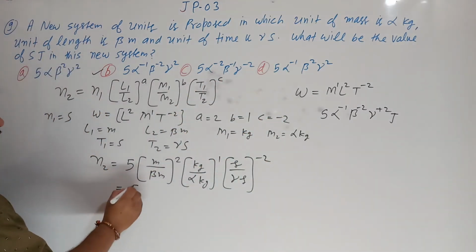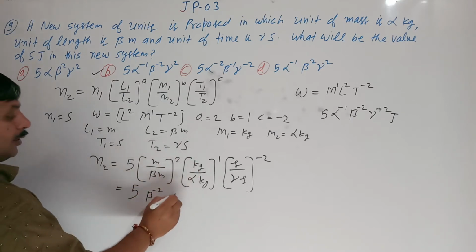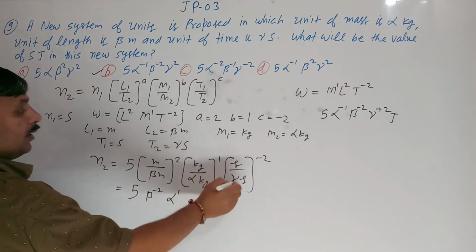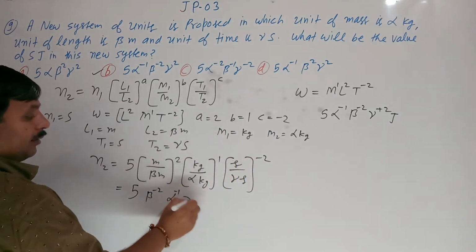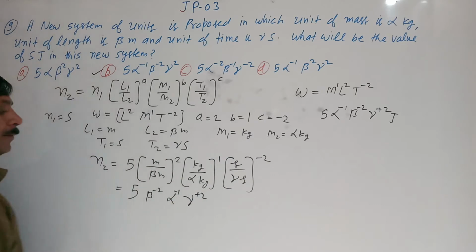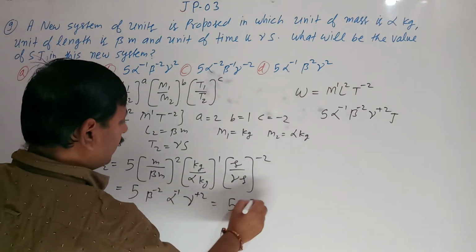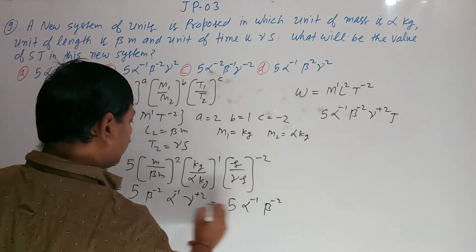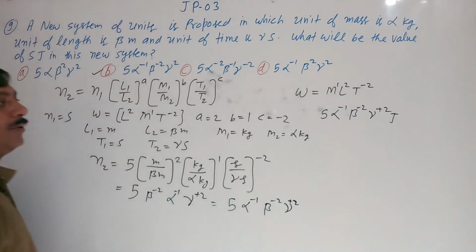So if we are solving this, it cancels to beta raised to minus 2, alpha raised to 1 and alpha raised to minus 1, and gamma raised to plus 2. Rearranging: alpha power minus 1, beta power minus 2, gamma power plus 2.